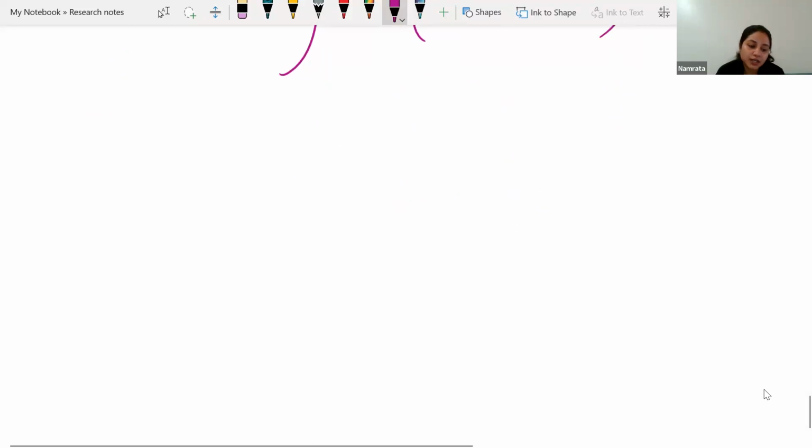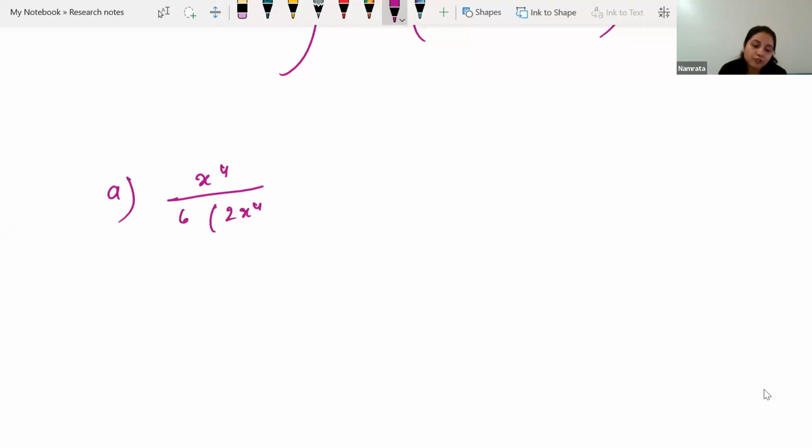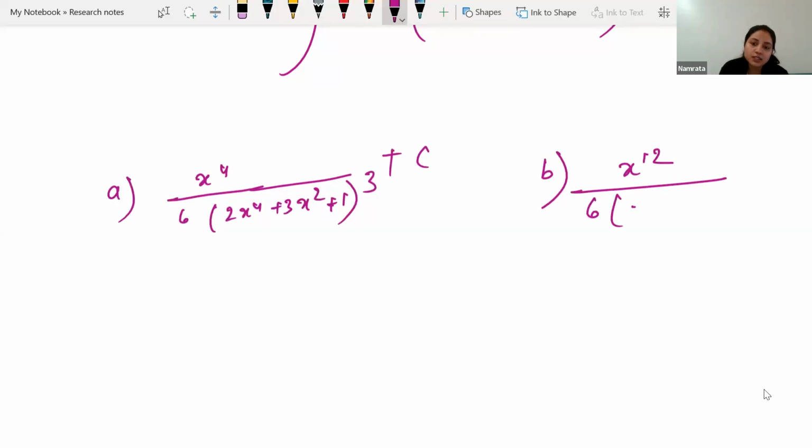It is from 2019. Option A is x to the power 4 by 6, (2x to the power 4 plus 3x square plus 1) whole cube plus c. Option B is x to the power 12 over 6, (2x to the power 4 plus 3x square plus 1) whole cube plus c.